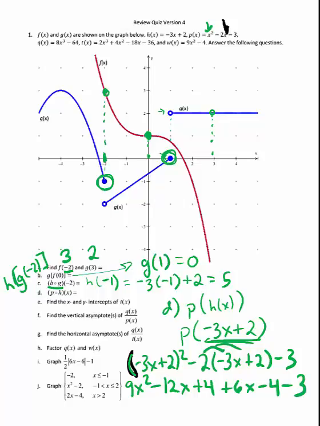Okay, then we can see that the positive 4 and the negative 4 cancel. We get 9x squared, negative 12x plus 6x is minus 6x minus 3. You could go ahead and factor that, but I'm okay with you guys leaving that as your final answer. Alright.